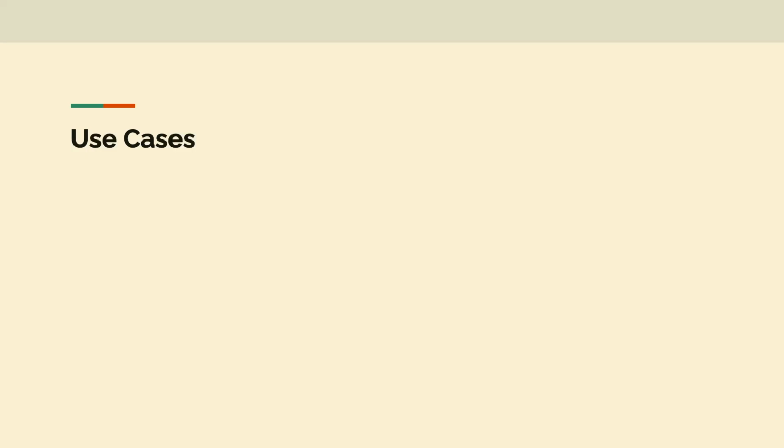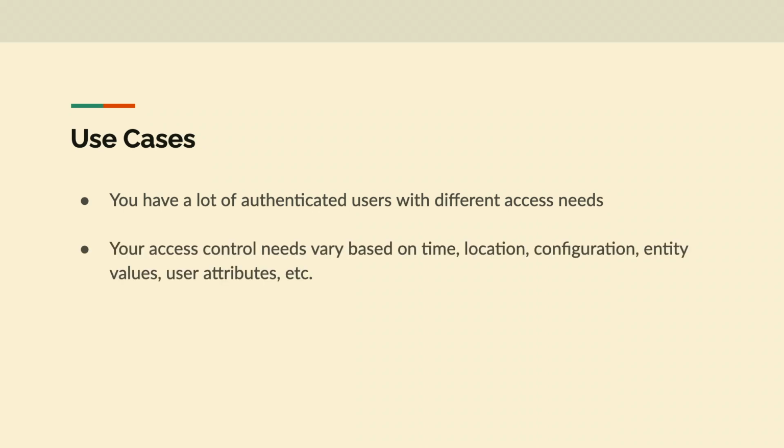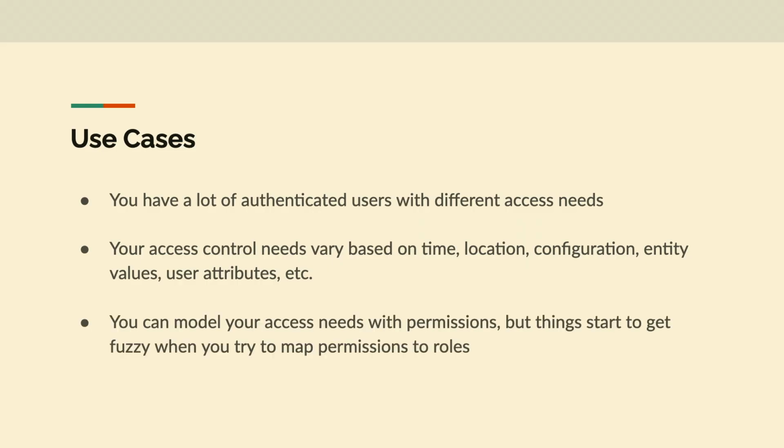When should you write your own? You should write your own when you have a lot of users with very different access needs, and you need those needs to vary based on time, location, configuration, entity values, user attributes, anything that's more contextual than a role. If you can model your access needs with permissions, but it's the roles that get fuzzy, that's when you can consider an access policy.